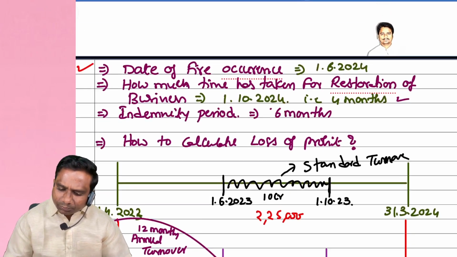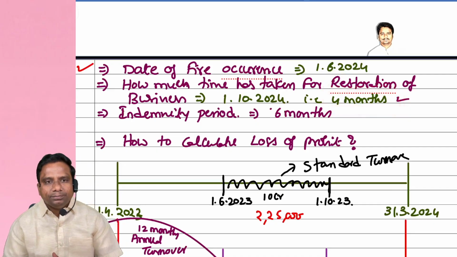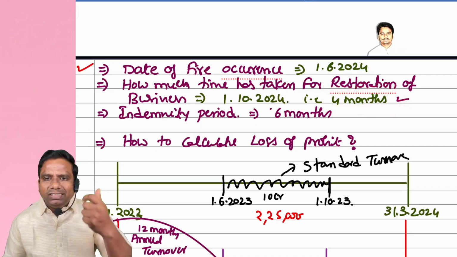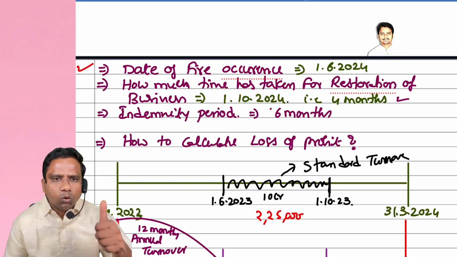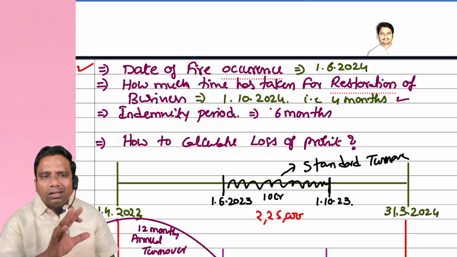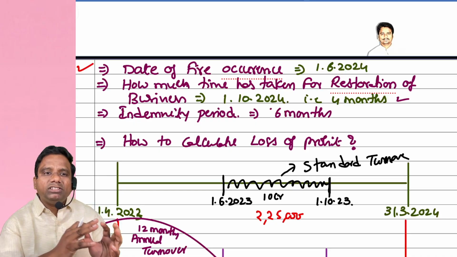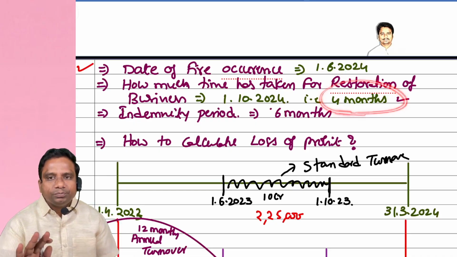Next one. Here the problem comes, sir. 4 months is the time period which I have taken for restoring my business organization. Okay, very good. Now, whether the insurance company agreed to indemnify the loss caused during these 4 months, take that period.